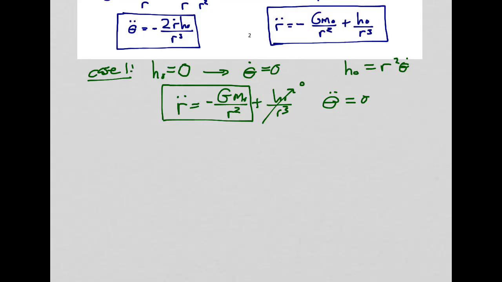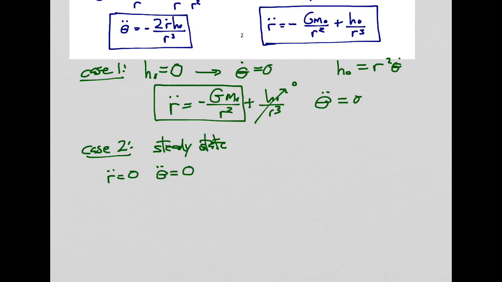For our next simple case, case number 2, is going to be if we have steady state motion. So steady state is going to be where r double dot is equal to 0, no acceleration, and theta double dot is equal to 0 as well.